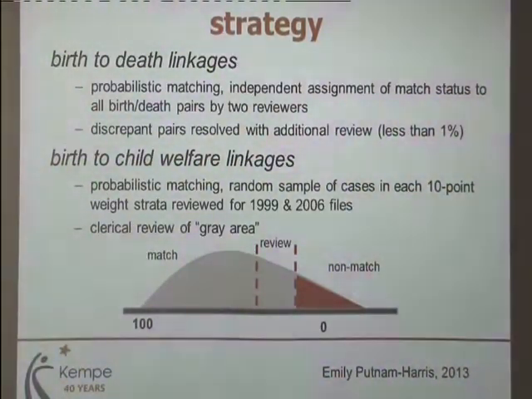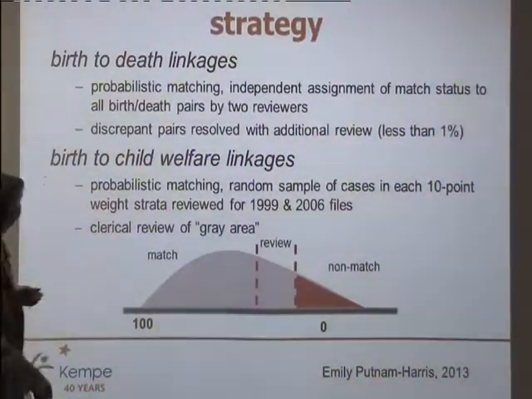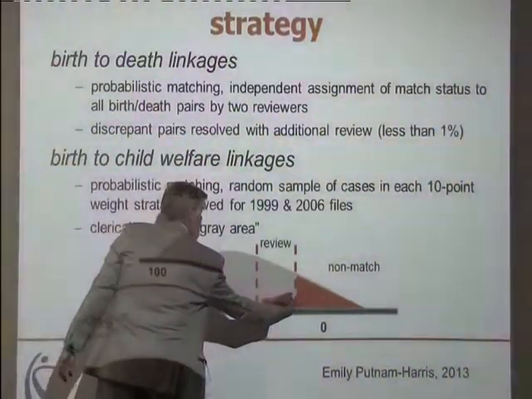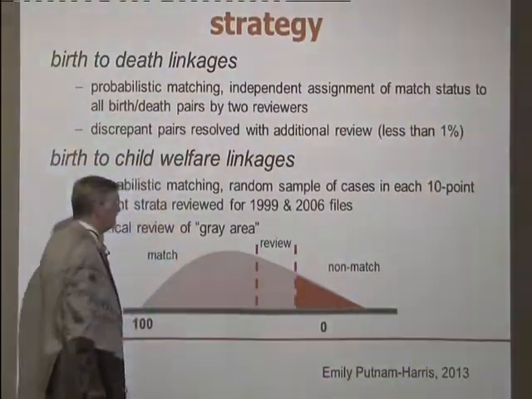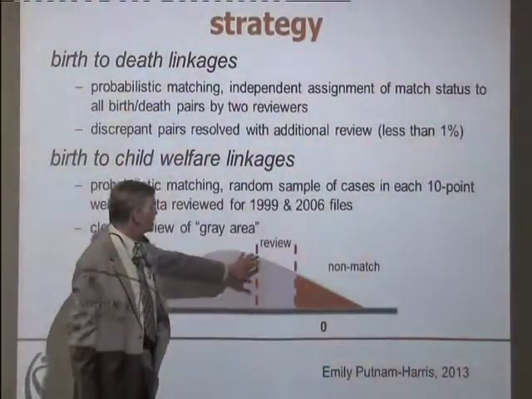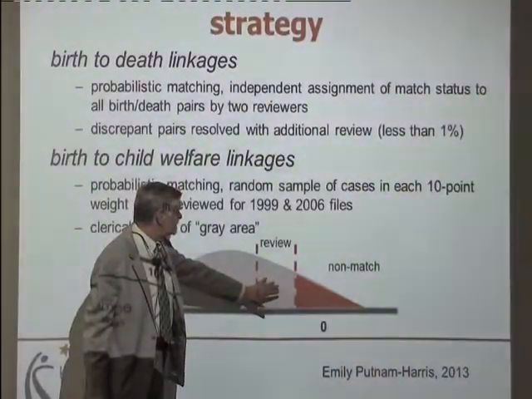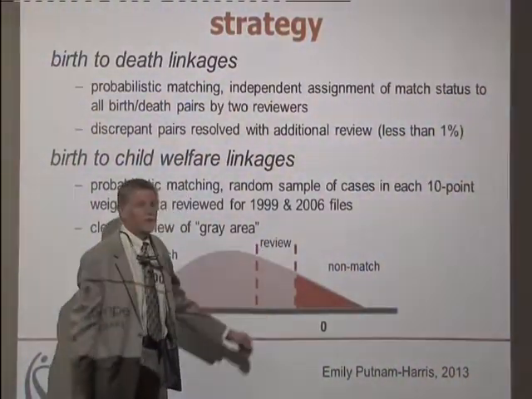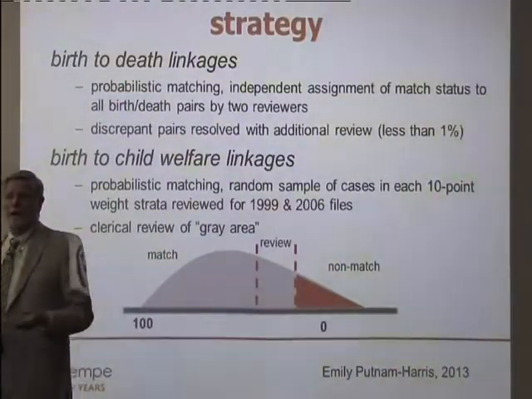In this case, for the birth to child welfare linkages, what's done is to look at sort of a gray area concept where we might only review a very small segment of the gray area in order to make sure that cases that may not actually be a match either are or are not.